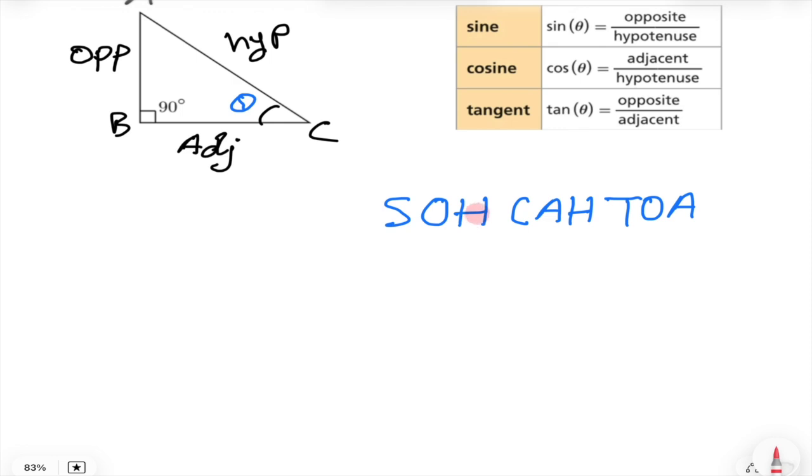That means that rule. C stands for cos, A stands for adjacent, H stands for hypotenuse. That means this rule. And the last one, TOA: T stands for tan, O stands for opposite, and A stands for adjacent. That rule.